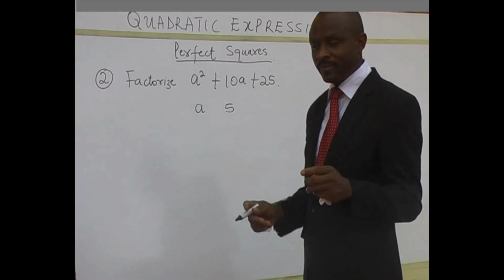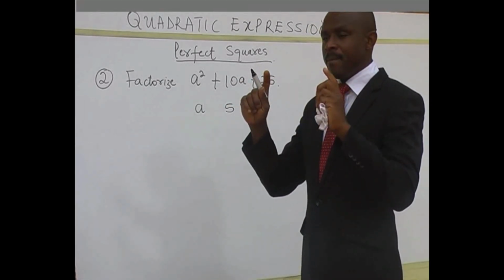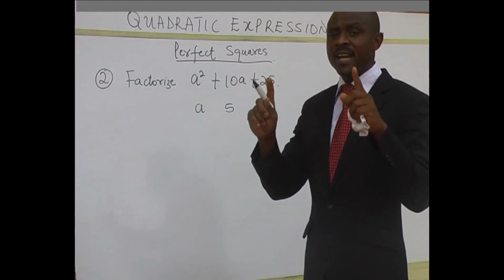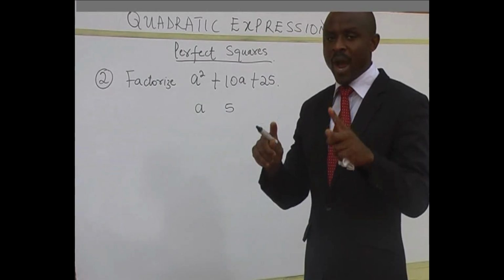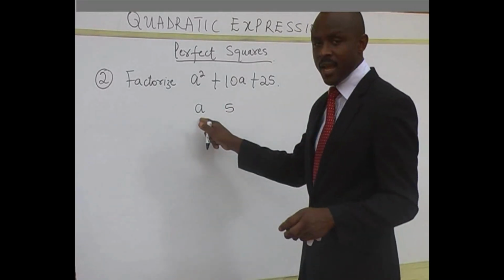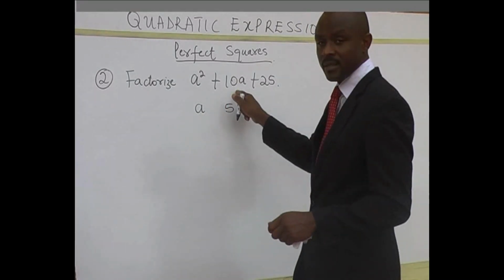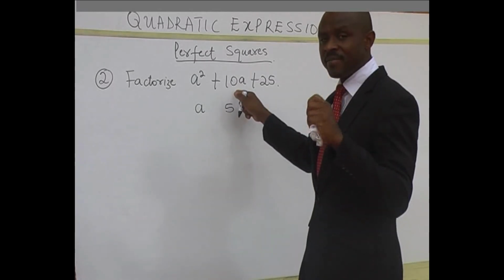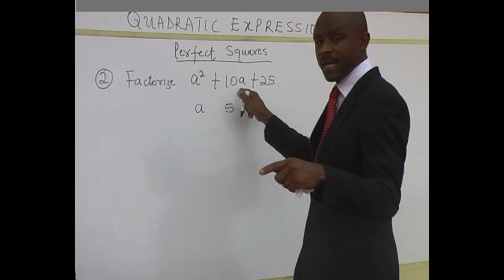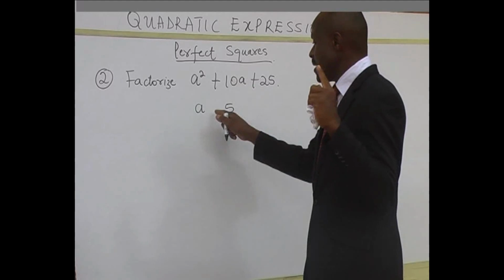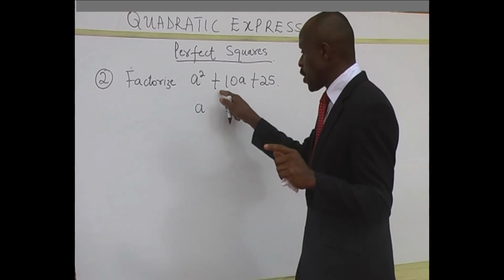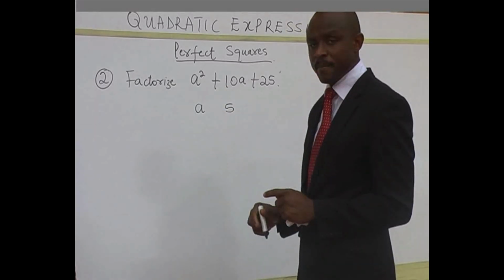I told you the square of the sum of two numbers is equal to the sum of their different squares plus twice their product. Twice the product of 5 and a will give 10a. That means 2 times 5 times a. 5 times a is 5a, then times 2 will give you 10a. Now ask yourself, if we put plus here, will it give us the plus 10a, or is it mandatory we are going to put minus?